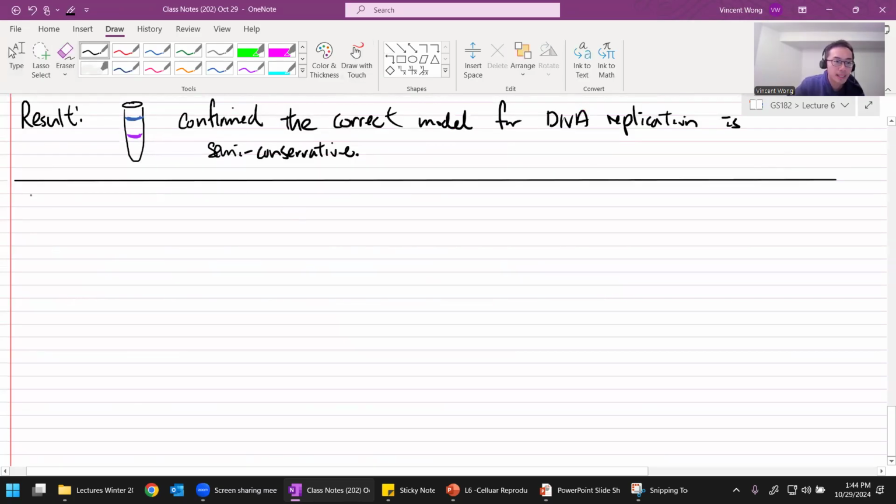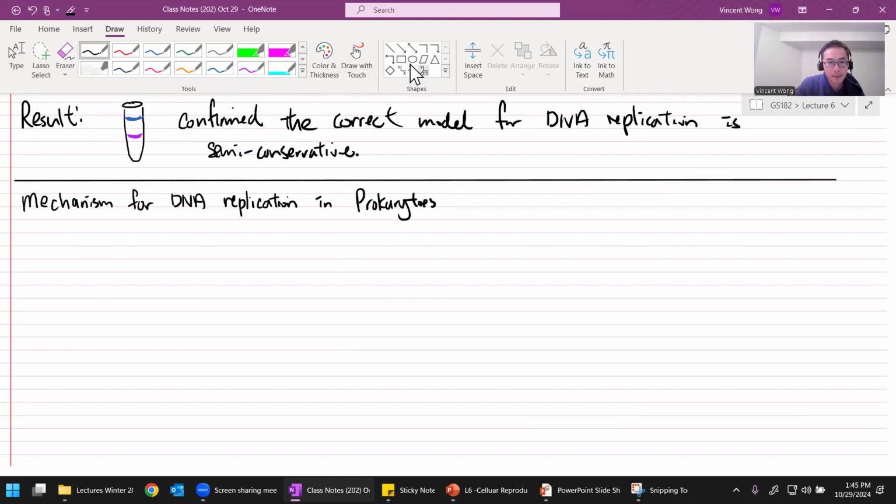All right. Mechanism for DNA replication in prokaryotes. Okay, bacteria. Because it's easier to study them instead of studying animal cells.